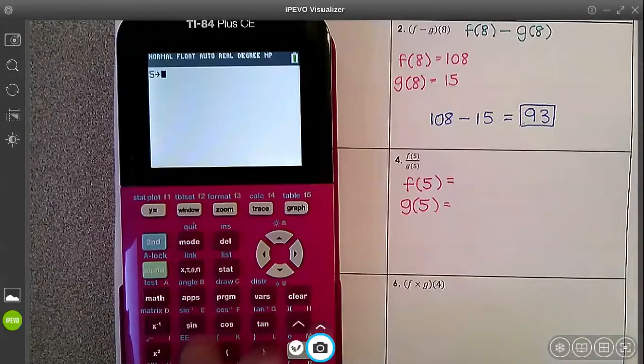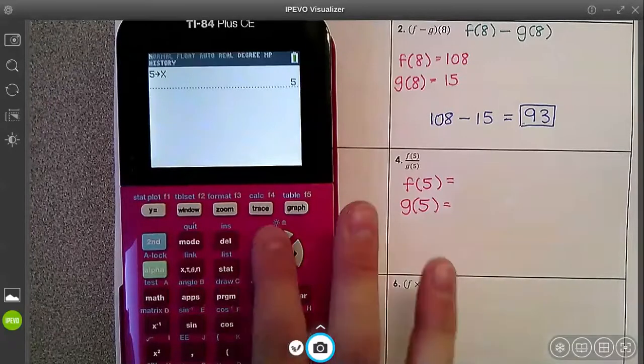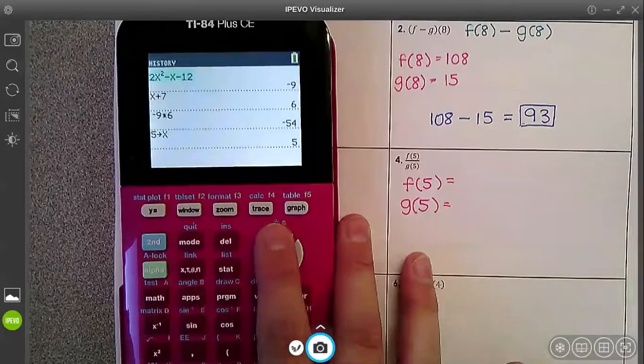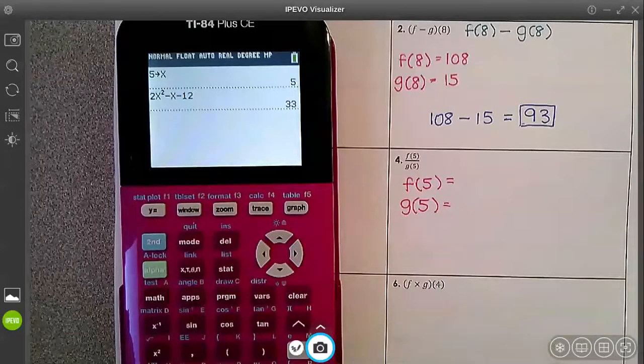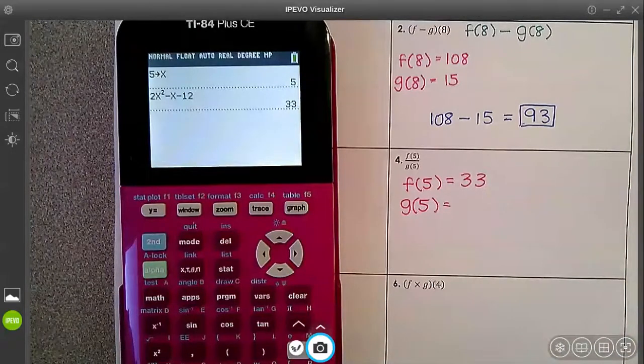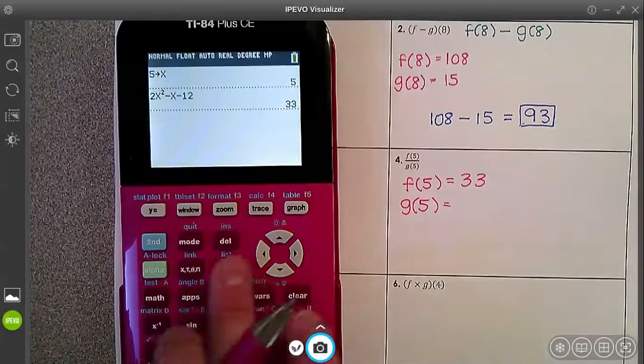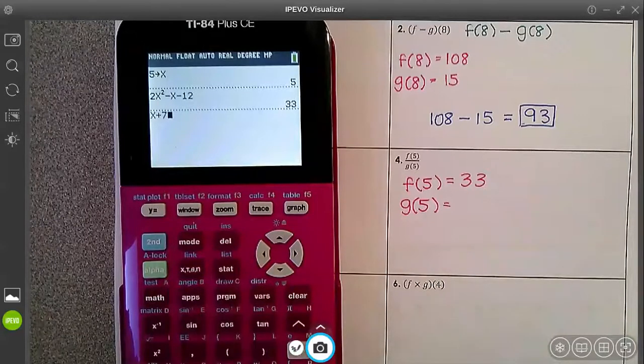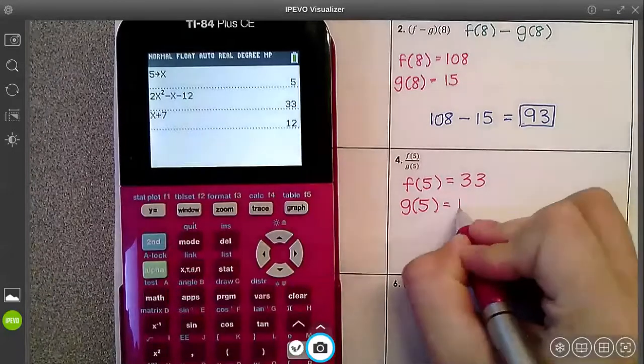So 5, store that as x. I'm going to get my f function, and you get 33. And then your g function is x plus 7, and you get 12.